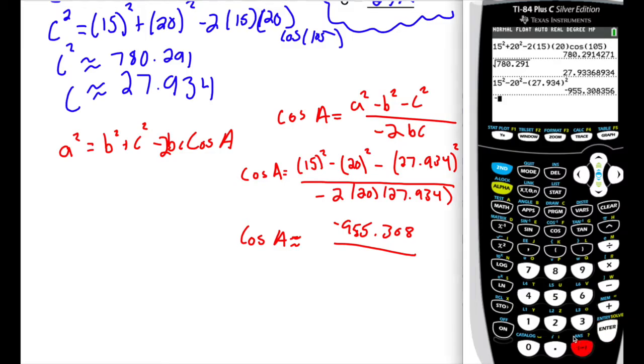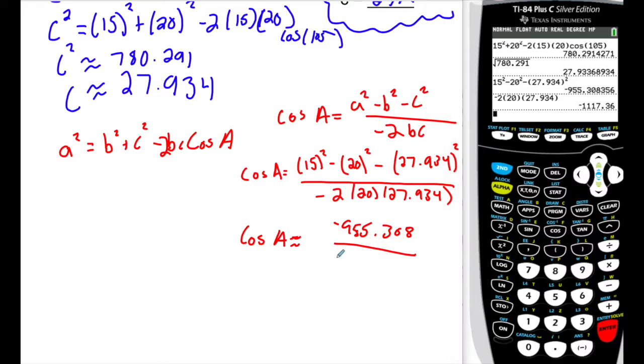Negative 2 times 20 times 27.934. Okay, so the bottom is negative 1117.36. So what that means is that A is approximately the inverse cosine of this stuff.